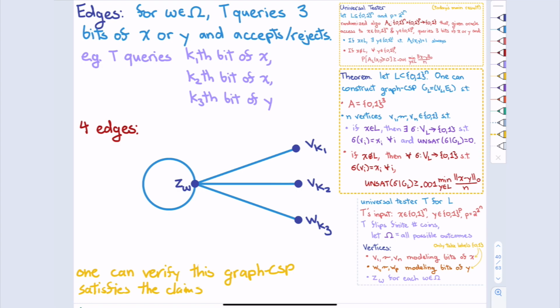So we have these 4 edges, and these only get a 0 or 1 label.